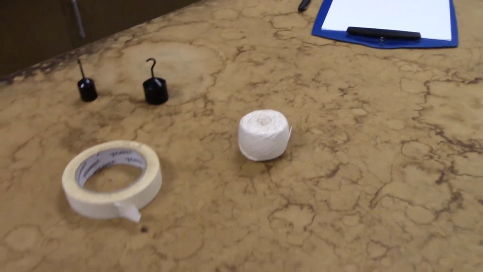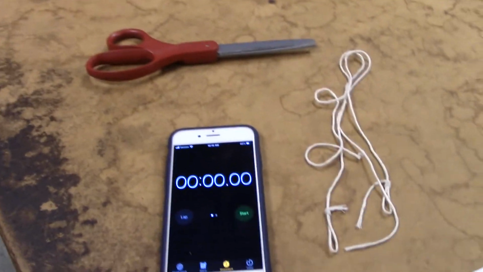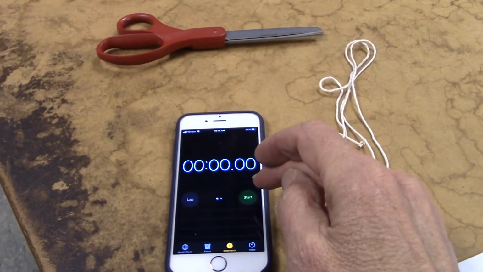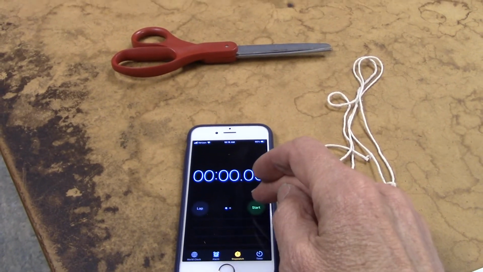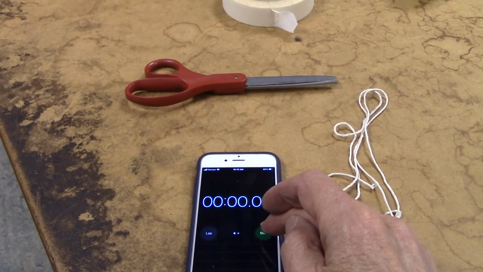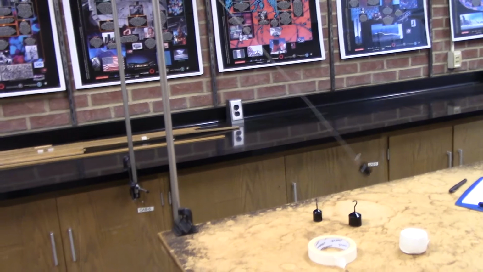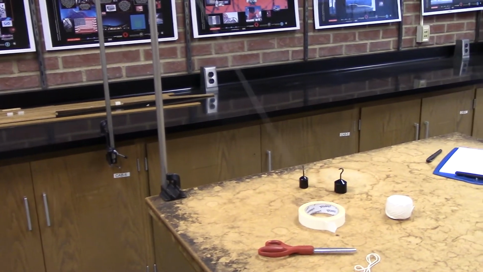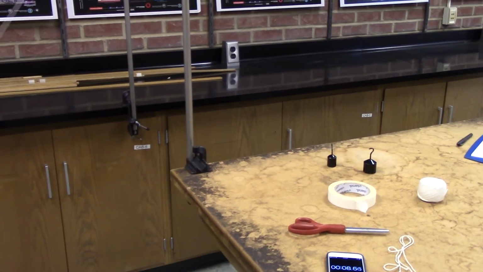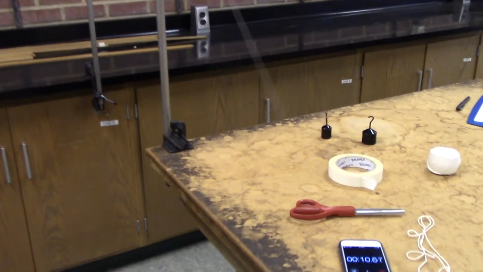Now what we can do is count 10 cycles. I'm going to wait until it's right at the beginning of one of the cycles and start. Now it's happening: 1 cycle, 2 cycles, 3, uh-oh, it hit the side, so I didn't get it quite centered.